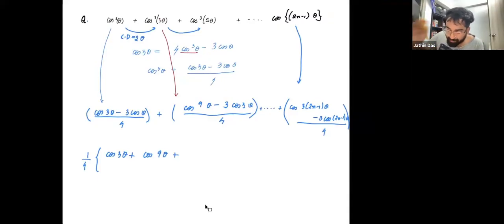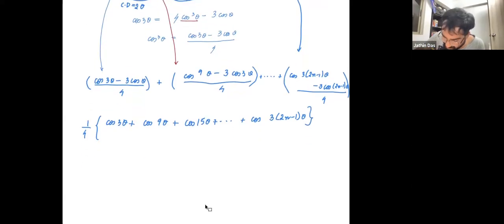So that will be another AP. Cos 5 theta tripled gives cos 15 theta, and so on. The last term will be cos 3 times this. Clear?